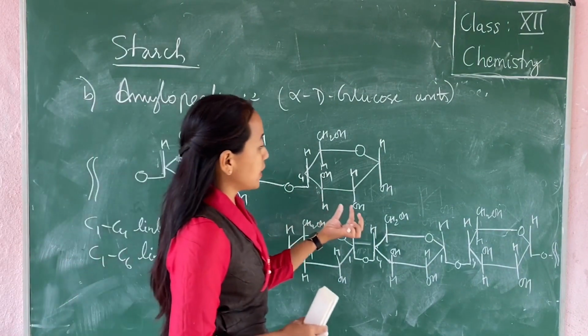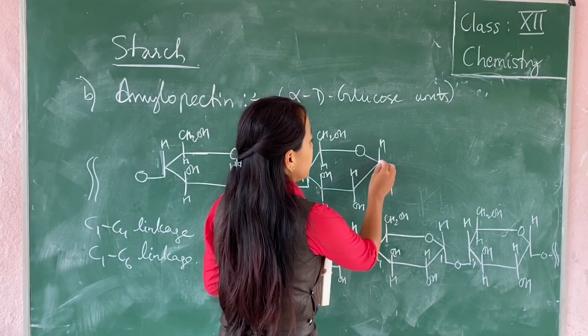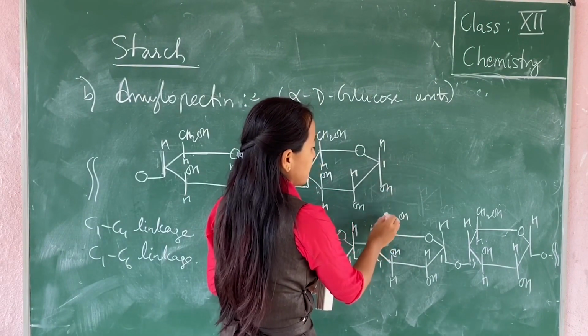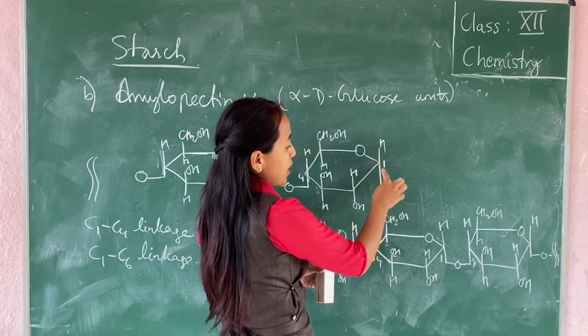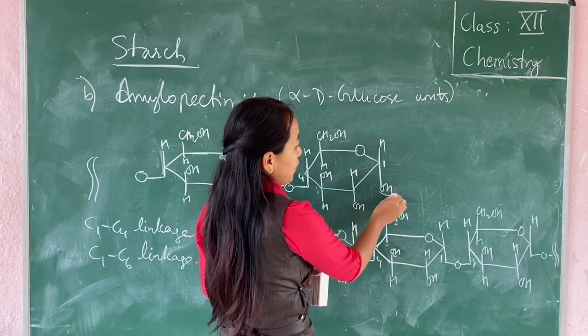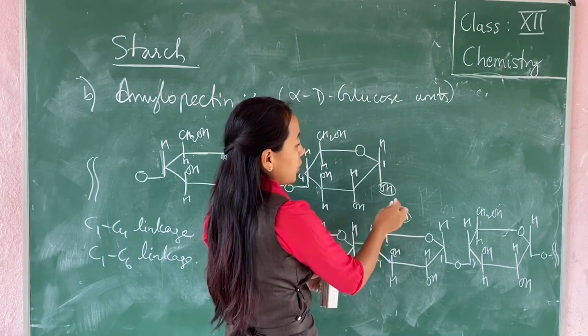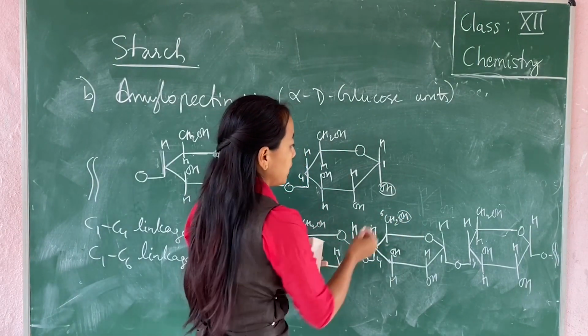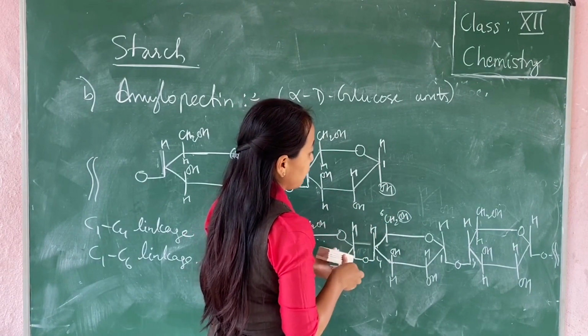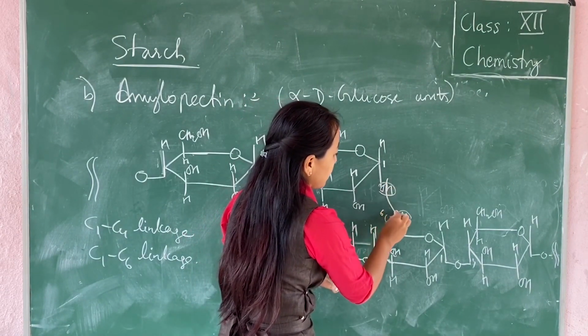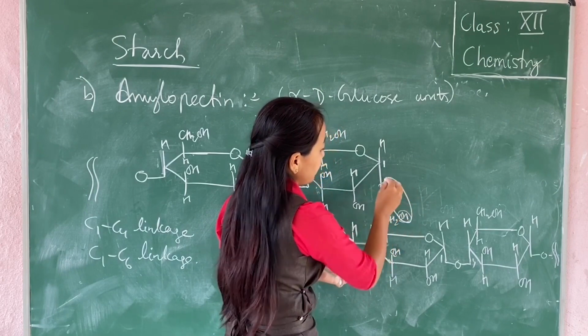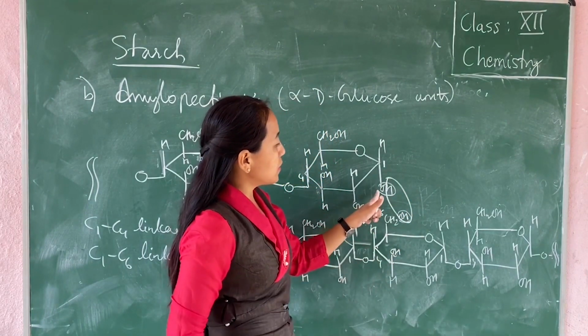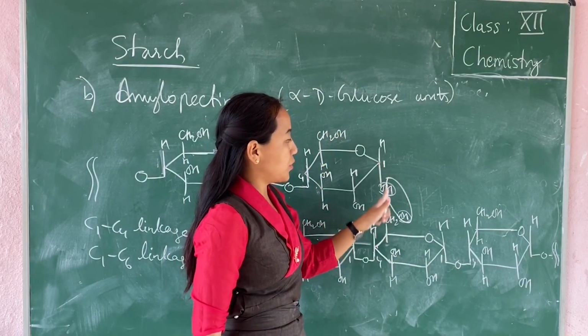Now, in this case, what happens is, this is the C1 and this is the C6. Now, from the C1 and C6 OH groups, you are going to remove a water molecule. When you remove this water molecule, this O will form a bond between these two.